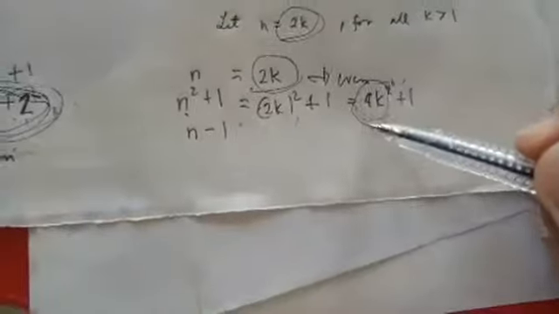Actually, 4 times k raised to the power of 2 is an even number. But when you add 1, it becomes an odd number. Because if you add 1 to an even number, it becomes odd.